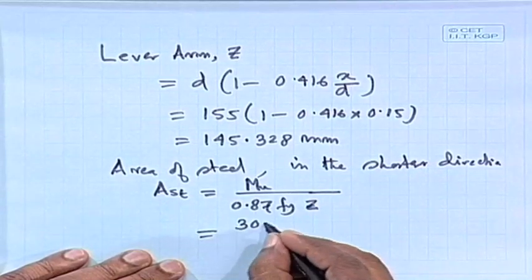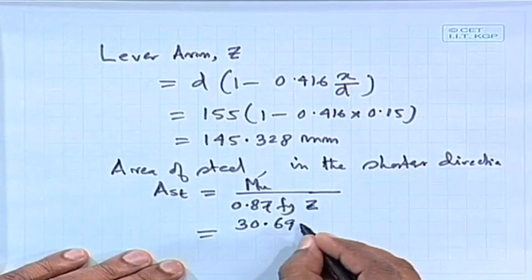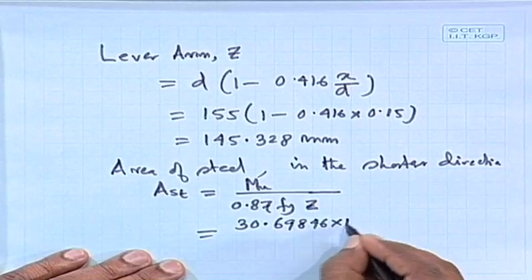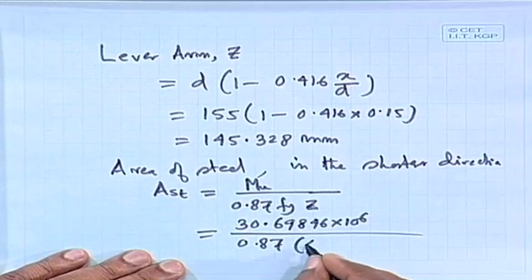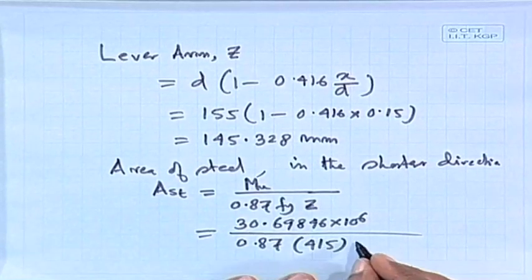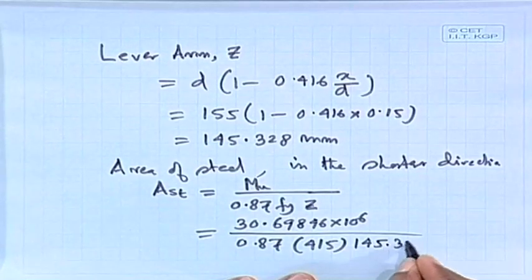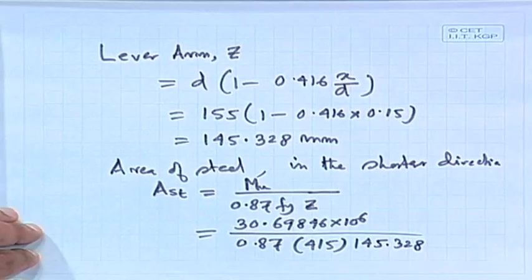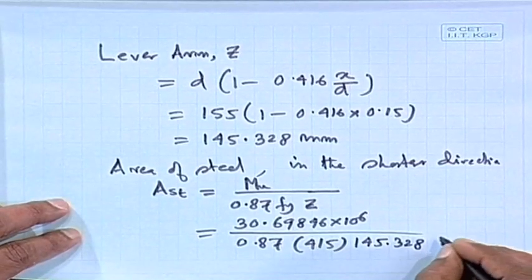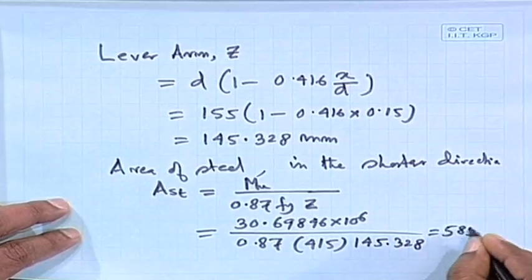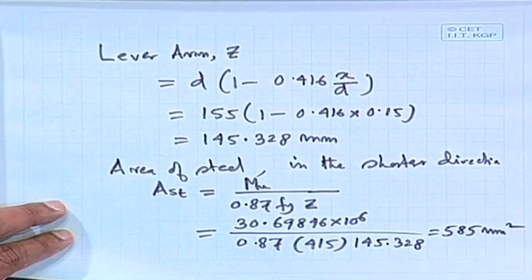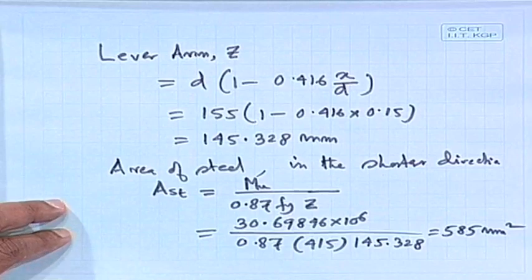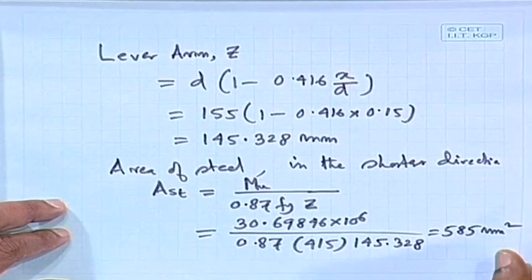So, 30.69846 into 10 to the power 6 divided by 0.87 times 415 times 145.328. So, this is your area of steel. We shall get it here as 585 square millimeter.